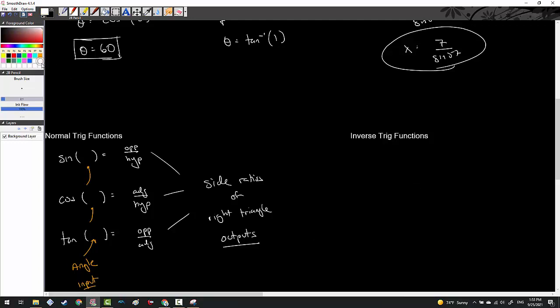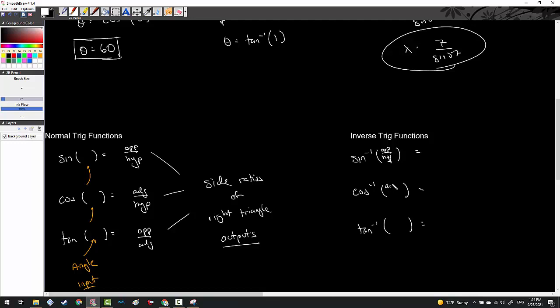Okay, inverse trig. Let's take a look at that. From here, I'm going to go ahead and put them down. Sine inverse of a thing. Cos inverse of a thing. Tan inverse of a thing. What do those get me? Well, remember, inside the sine inverse will go the opposite over hypotenuse.